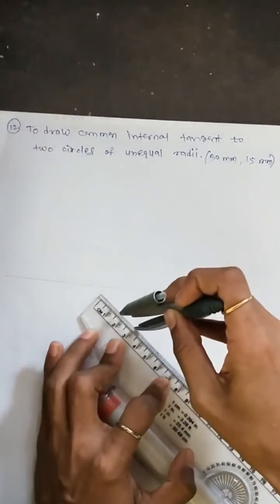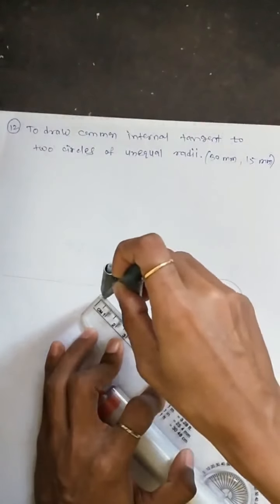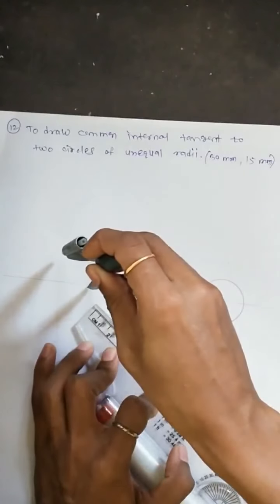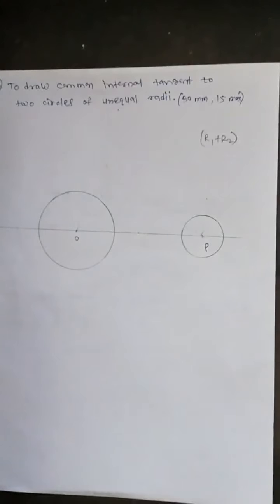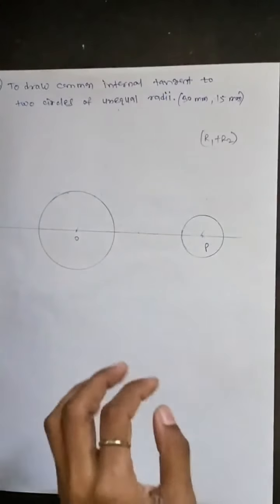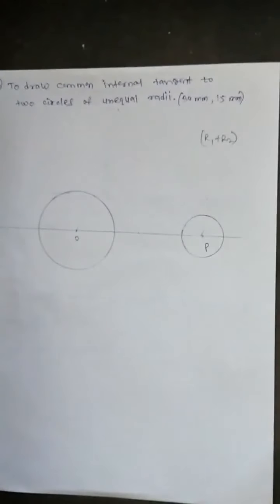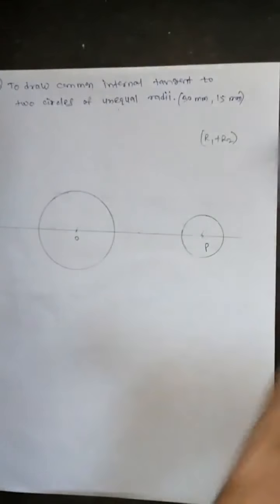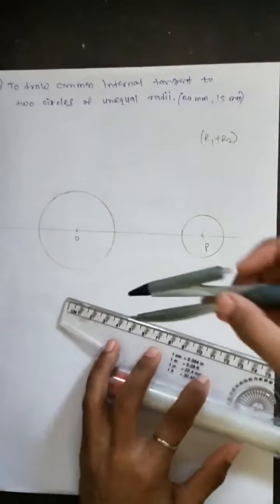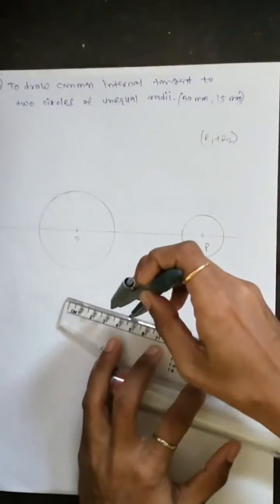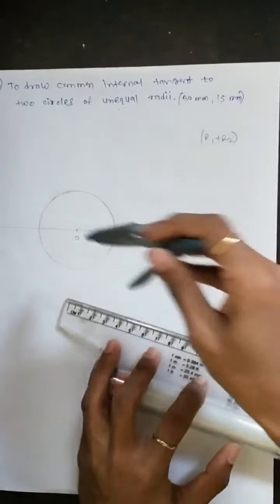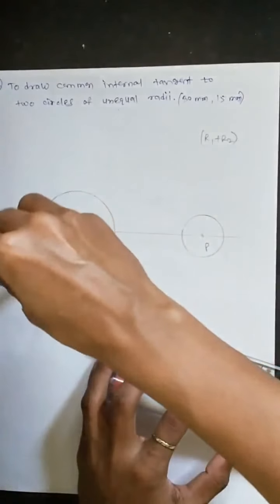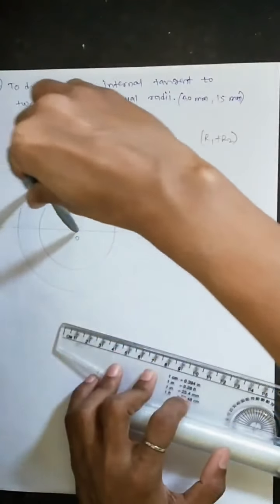Next take a 30 mm distance and draw a circle. Next take radius R1 plus R2, that is 30 and 15, so a total of 45 mm radius, and take O as center point and draw a circle.